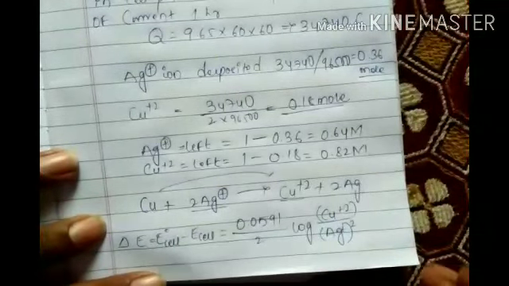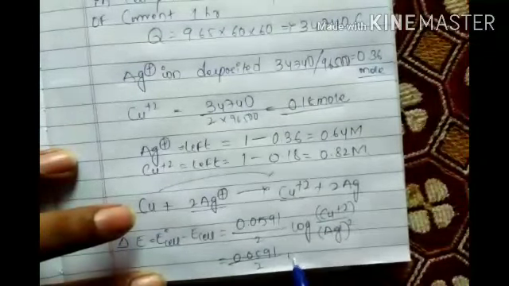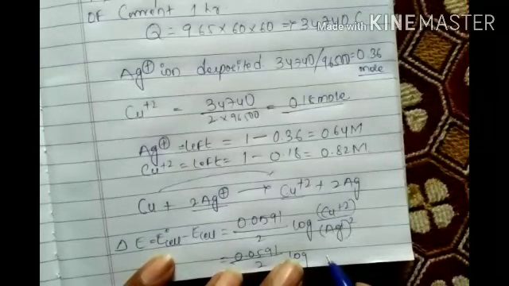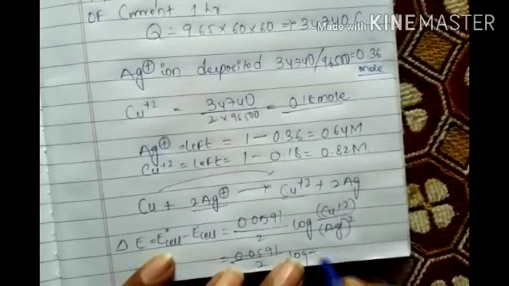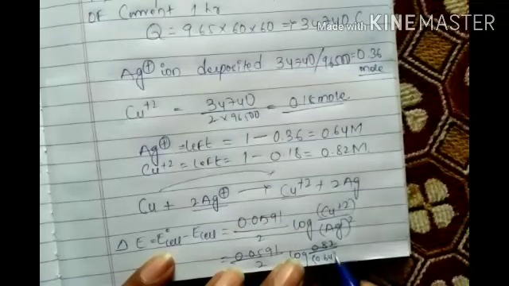Got it? So take the concentration: 0.0591 by 2 log. How much is coming for concentrations? Cu is 0.82 and 0.64 squared.